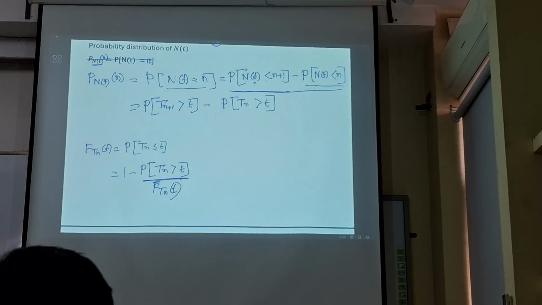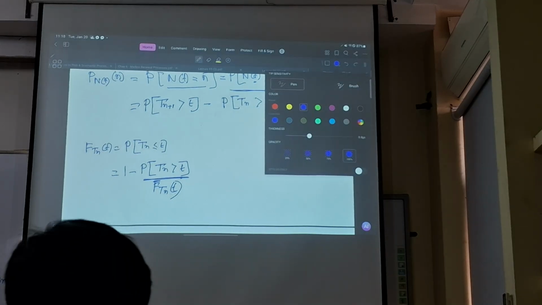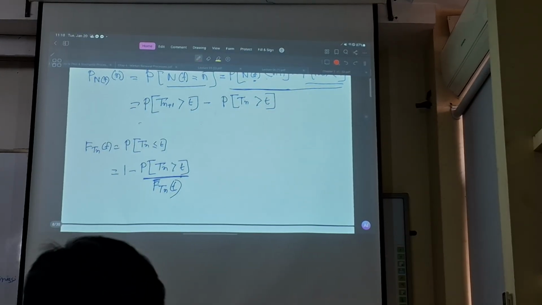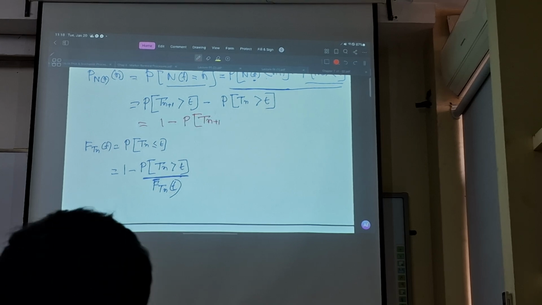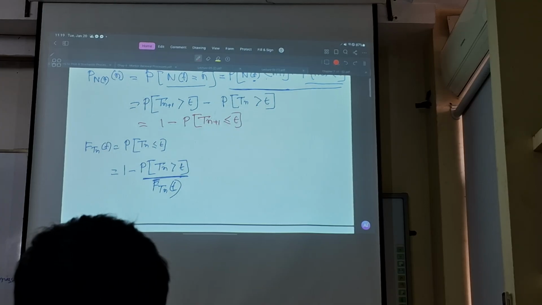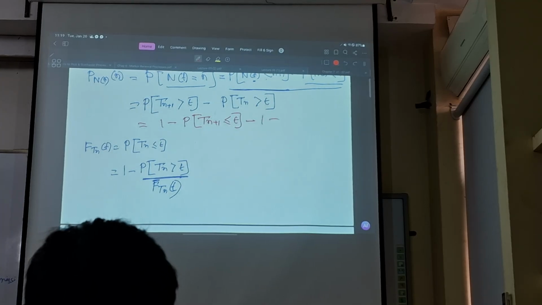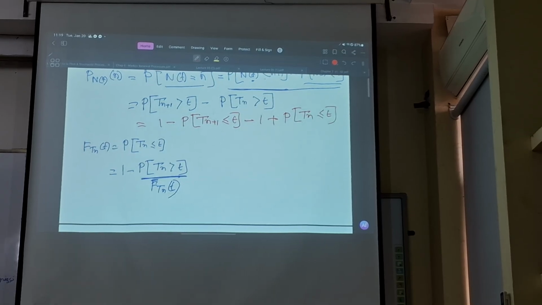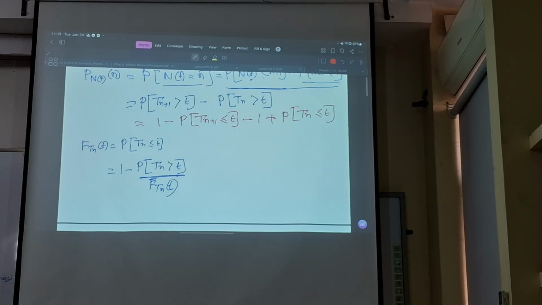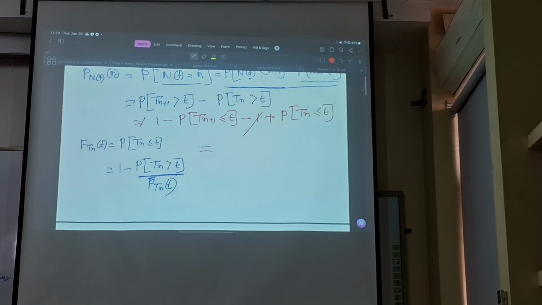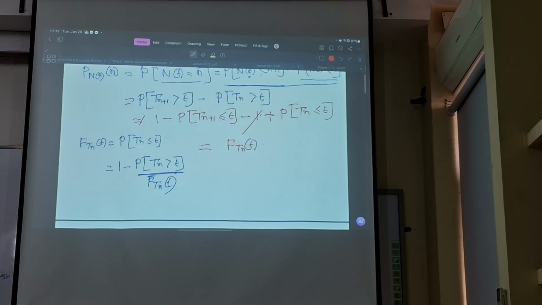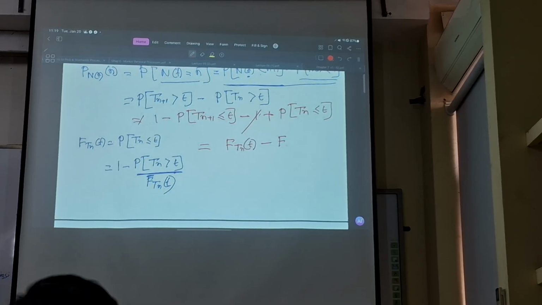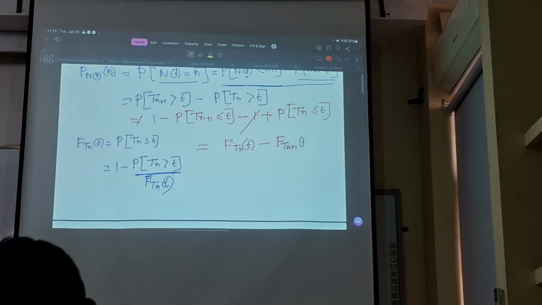So this quantity can be written as 1 minus the probability that T sub n plus 1 is less than or equal to t, minus this quantity, which is 1 minus the probability that T sub n is less than or equal to t. Right? And this 1 and 1 cancel out each other, and what remains is the CDF of T n at the value t subtracted by the CDF of T n plus 1 at the value t.